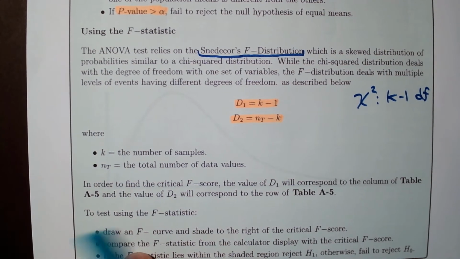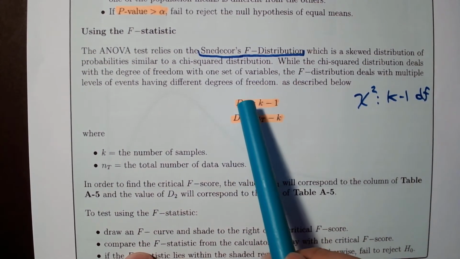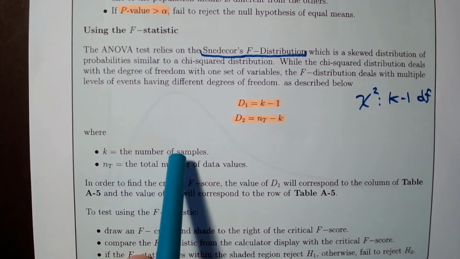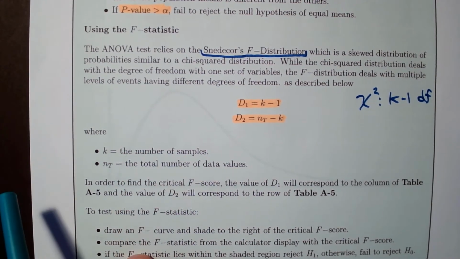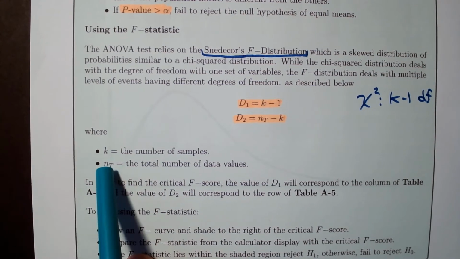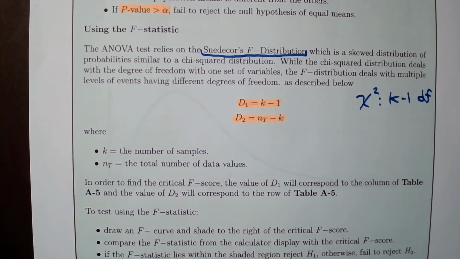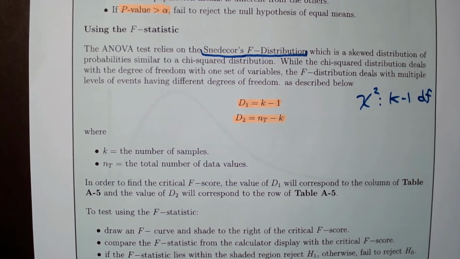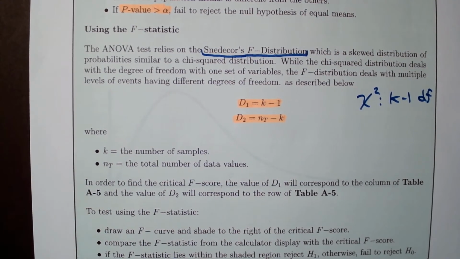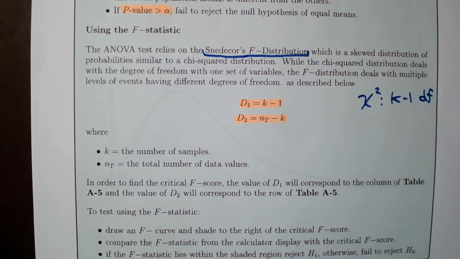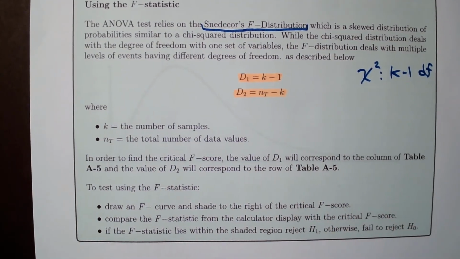So for degrees of freedom 1, when we are given the data, k is the number of samples that we take. For example, the number of schools in the previous example was 3. And nt is the total number of data values that we have in all the samples. In order to find the critical F score, let me show you the table.